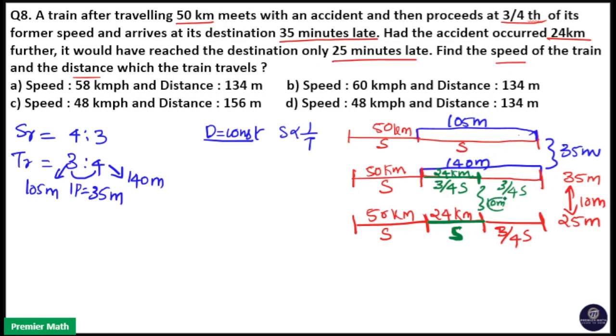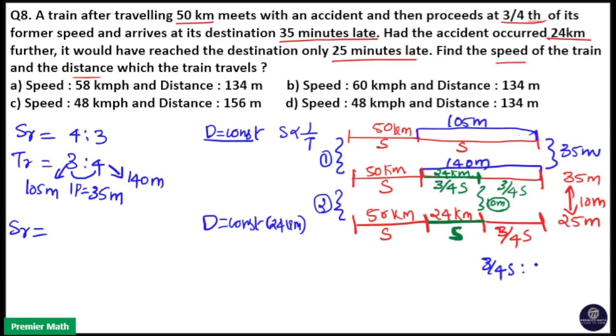I will apply the distance constant method. Here this is the first case and this is the second case. In the second case, distance is constant, but it is 24 kilometer, and the speed ratio for this is 3/4 S to S. So S cancels.